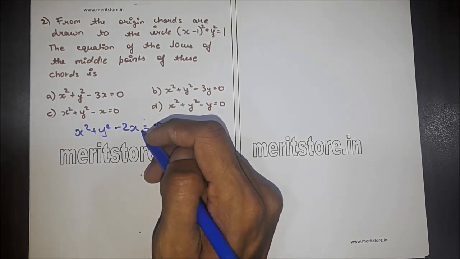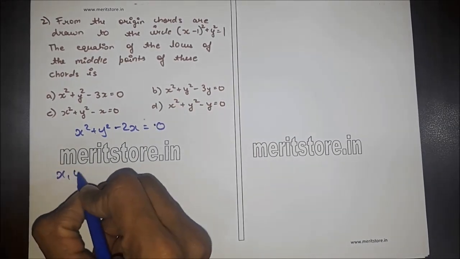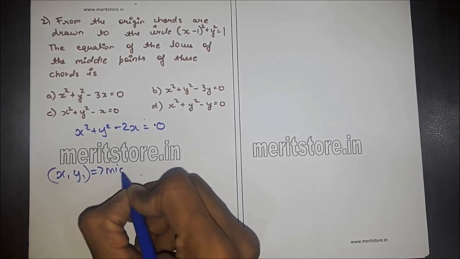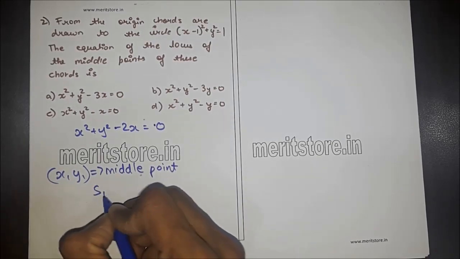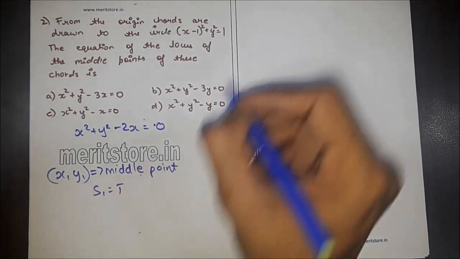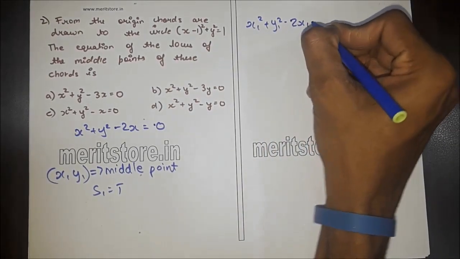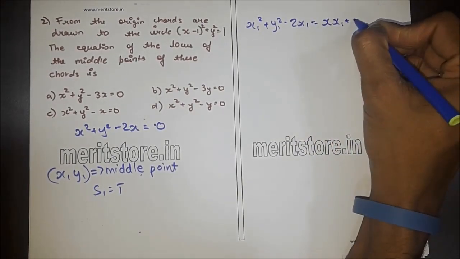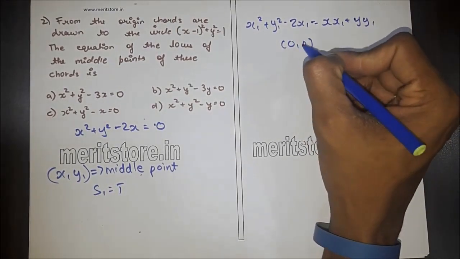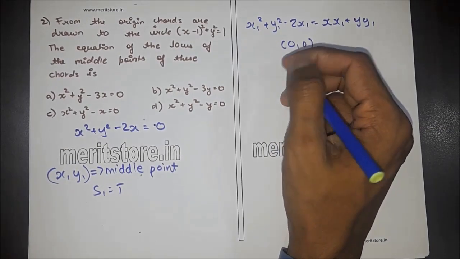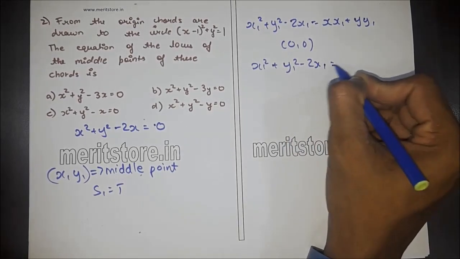Let x1 comma y1 be the middle point of any chord of the circle. Then its equation is S1 is equal to T, or we can write this as x1 square plus y1 square minus 2x1 equal to xx1 plus yy1 minus x plus x1. If it passes through 0 comma 0, we get x1 square plus y1 square minus 2x1 equal to minus x1.